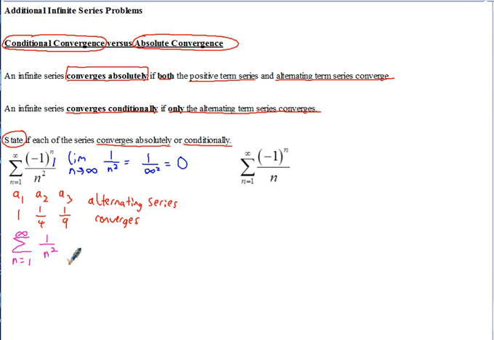And you can see this fits a p-series test, so p is equal to 2, and since that's greater than 1, this converges by the p-series test. So since both the alternating series converges and the positive term series without the negative 1 to the n converges, this one converges absolutely.